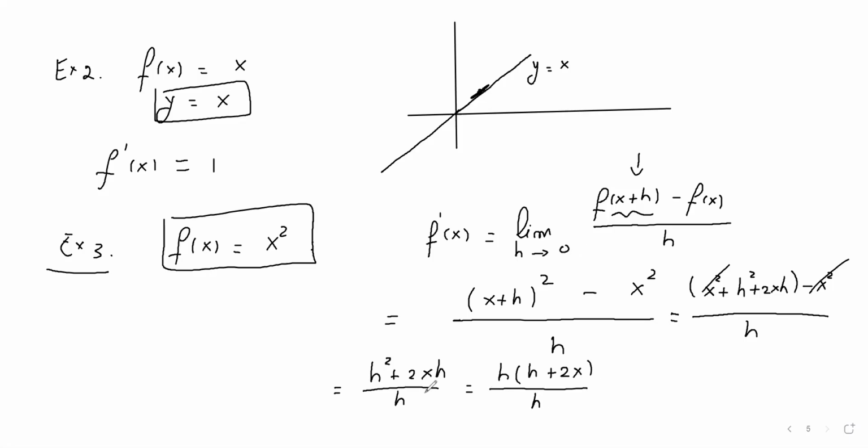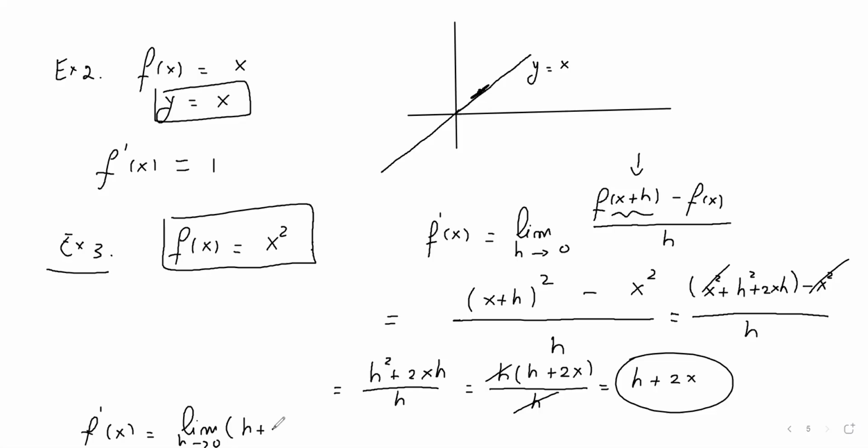We're still not able to plug in 0 here. Factor h here, h times (h plus 2x) divided by h, cancel out the h's, and finally we get h plus 2x. And we're not done with the calculation, so we need to calculate f prime of x. That's the limit as h goes to 0 of h plus 2x.